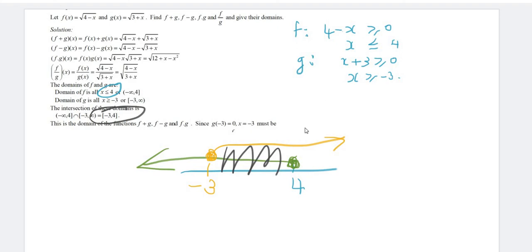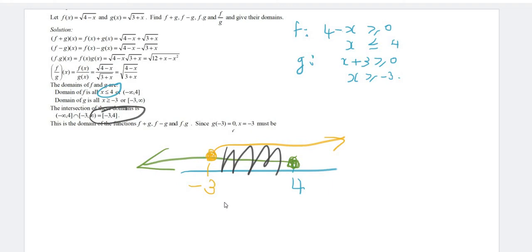So for the first 3 there, this will be your domain. But when you get to the division, g of negative 3 gives you 0, and you may not have 0 underneath. So we're going to just exclude the minus 3 here.